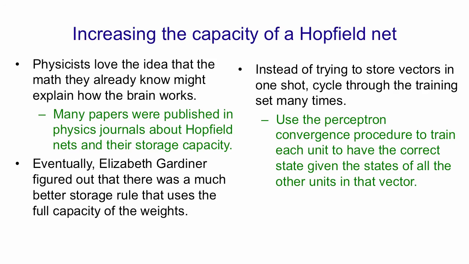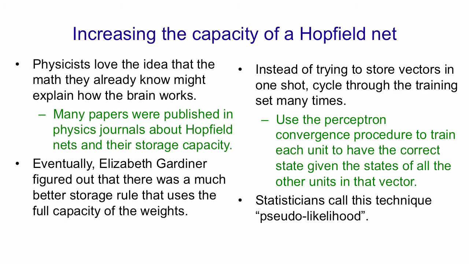If it wouldn't, you change its incoming weights in the way specified by the perceptron convergence procedure. And notice those will be integer changes to the weights. You may have to do this several times, and of course if you give it too many memories, this won't converge. You only get convergence with the perceptron convergence procedure if there is a set of weights that will solve the problem. But assuming there is, this is a much more efficient way to store memories in a Hopfield net.